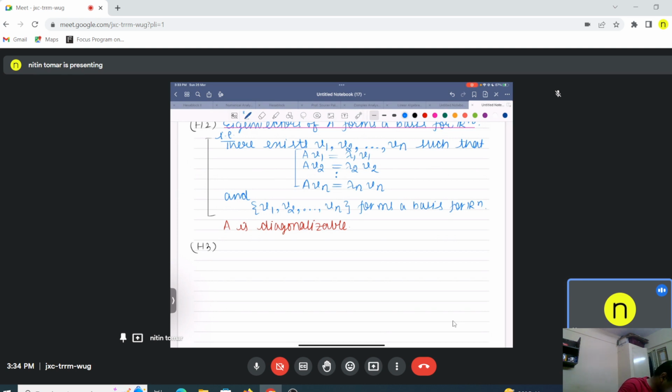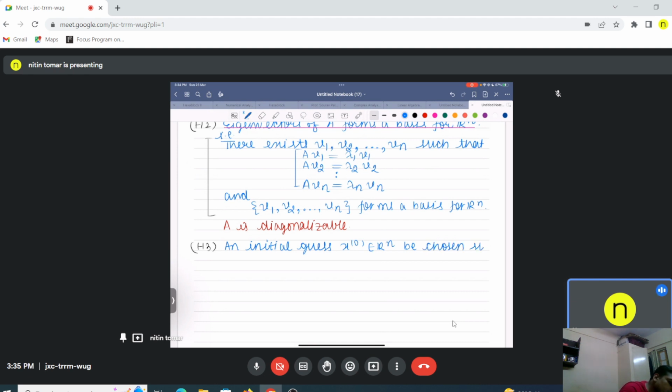an initial guess. What we need to do is, given a dominant eigenvalue, find an eigenvector. So we start with an initial guess for the eigenvector corresponding to the dominant eigenvalue.